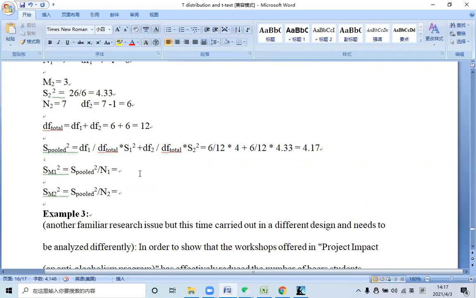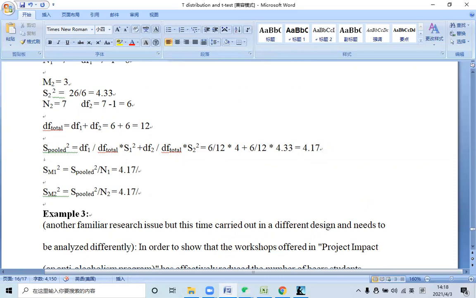For both groups, we use a pooled estimate. The pooled estimate is the same, 4.17, and we divide it by the n number.